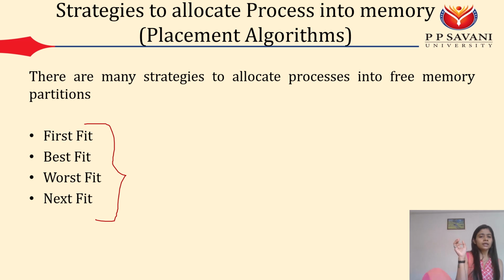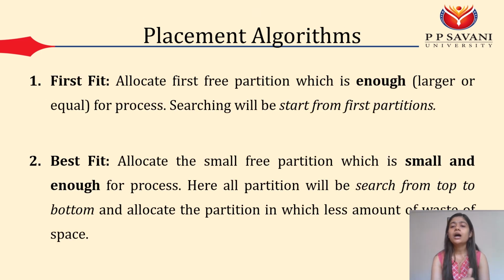According to the logic fixed by the operating system, it will allocate a process using first fit, best fit, worst fit, or next fit. So let's understand how it actually works. How your operating system finds out which partition is going to be selected for that particular process is decided by this placement algorithm.